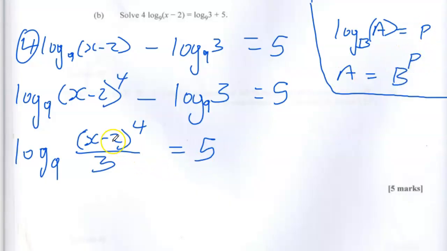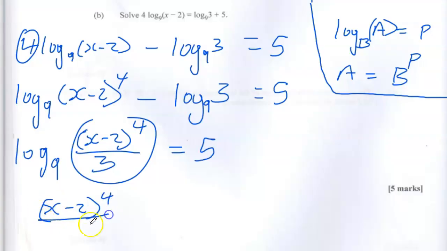So adapting that same principle here, A will be whatever we have here, alright? So x minus 2 to the power of 4 over 3 is equal to the base raised to the power on the right hand side. So it's equal to 9 to the power of 5.